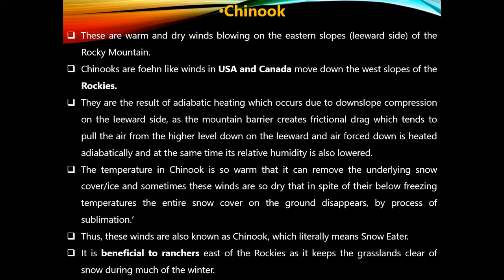They are the result of adiabatic heating, which occurs due to the downslope compression on the leeward side as the mountain barrier creates frictional drag, which tends to pull the air from the higher level down on the leeward side, and air forced down is heated adiabatically, and at the same time its relative humidity is also lower.